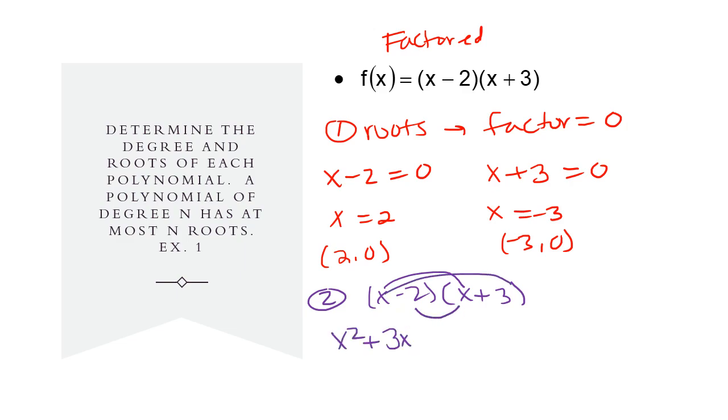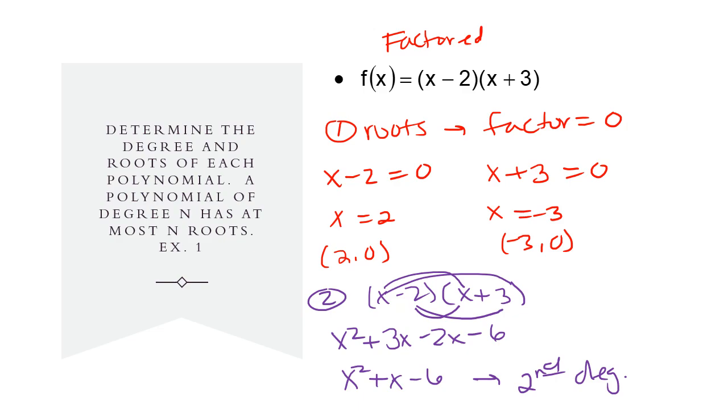We get negative 2 times x, and we get negative 6. So we get x squared plus x minus 6, right? From here, we know that this is a second degree polynomial.